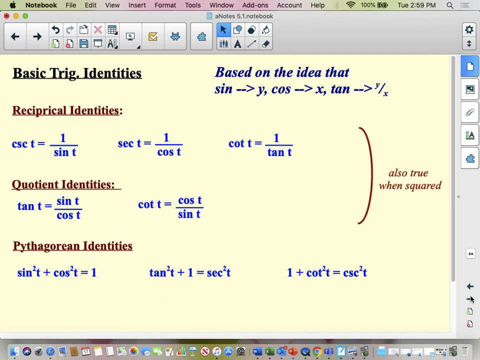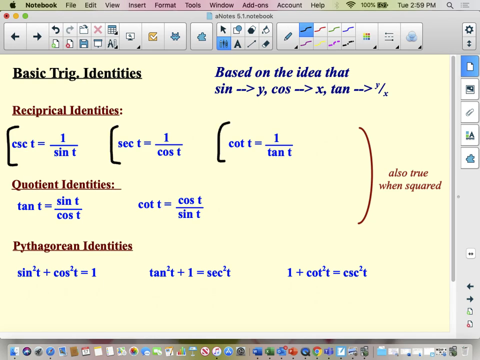All right, gonna end with trig identities. You don't need to memorize all of these, so I'm gonna give you a second to look over these. I'm gonna briefly talk about them. Okay, I already talked about the reciprocal identities, but I was using x's and y's. So you know cosecant and sine are the reciprocals of one another. So I could write that as sine equals 1 over cosecant as well. Secant and cosine are reciprocals, cotangent and tangent are reciprocals.